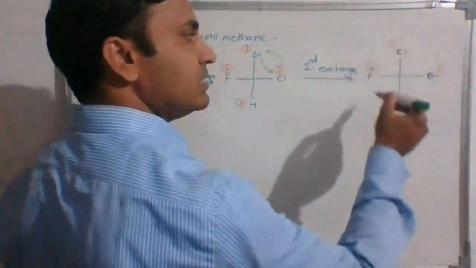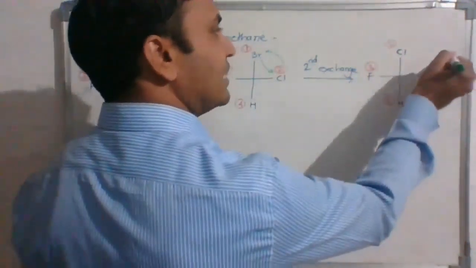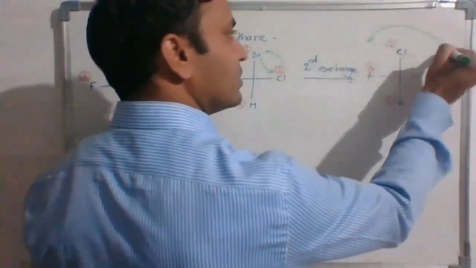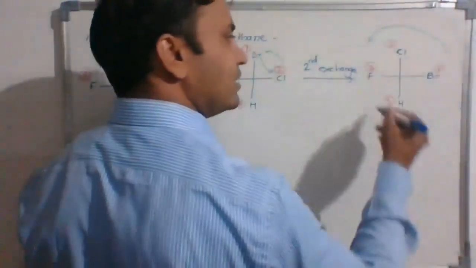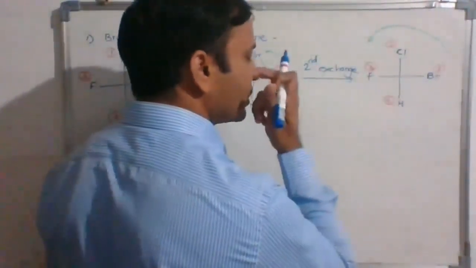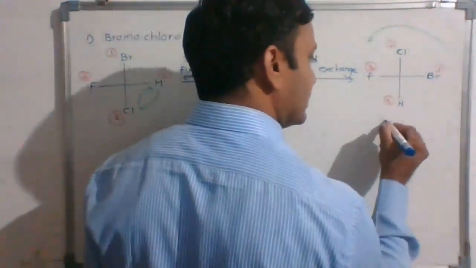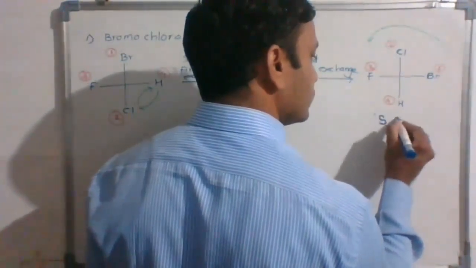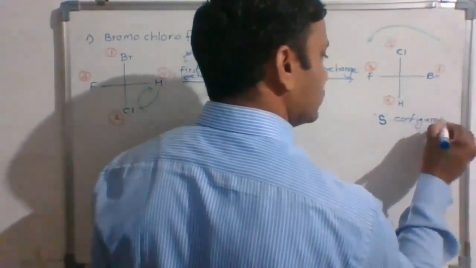The sequence is anti-clockwise and therefore we can show the anti-clockwise sequence like this. This arrow is not necessary finally. Okay. As the sequence is anti-clockwise, counterclockwise, left-handed, the configuration is S. S configuration.